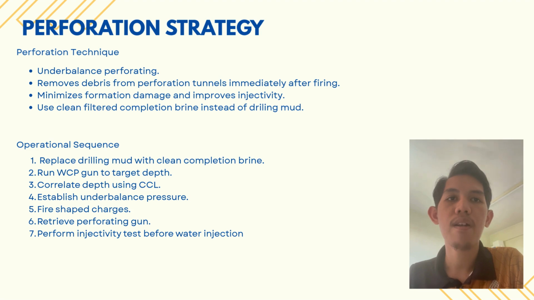The depth is confirmed using the CCL before establishing the required underbalanced pressure. The shaped charges are then fired. The perforating gun is retrieved, and finally an injectivity test is conducted to confirm that the well is ready for water injection.